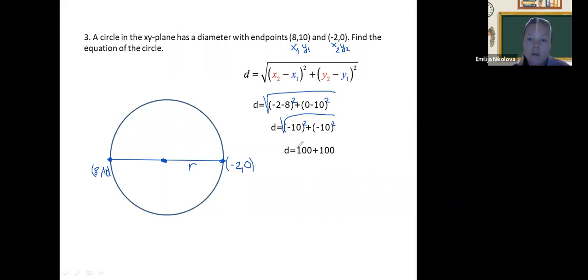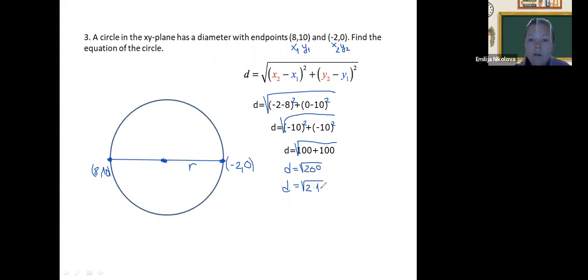So this will be the square root of 200, the length of the diameter. Or I can write it down as 200, like 2 times 100.